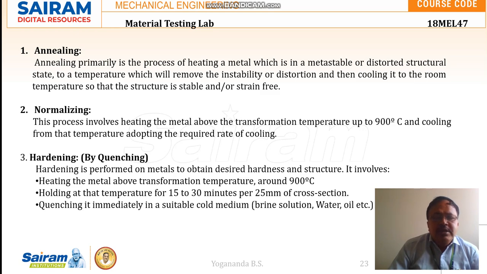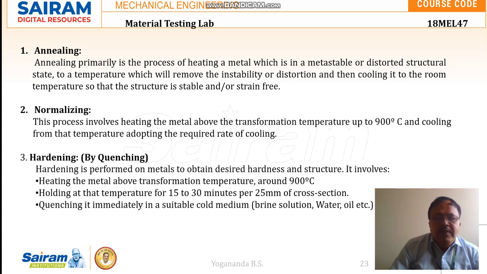Then normalizing. This is the process of heating the metal above the transformation temperature, up to 900 degrees centigrade, and cooling from that temperature. Then hardening.